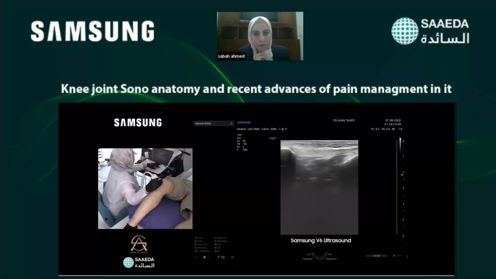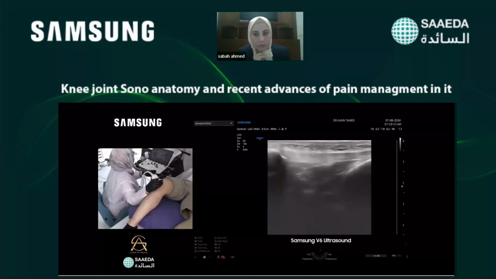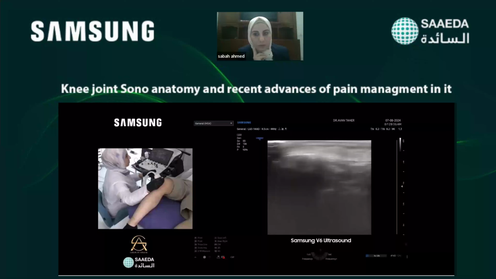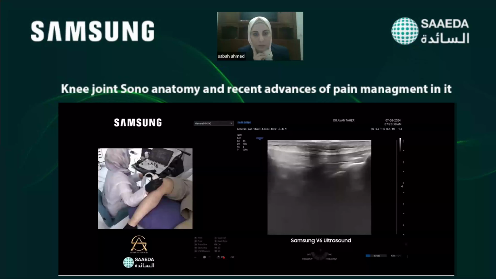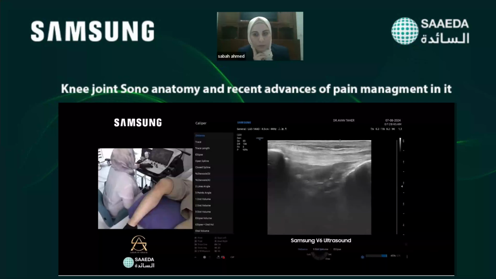If I just increase the depth, when I put my probe also longitudinally and measure the distance from the skin, about 1.5 centimeter, this is the location of the anterior cruciate ligament.